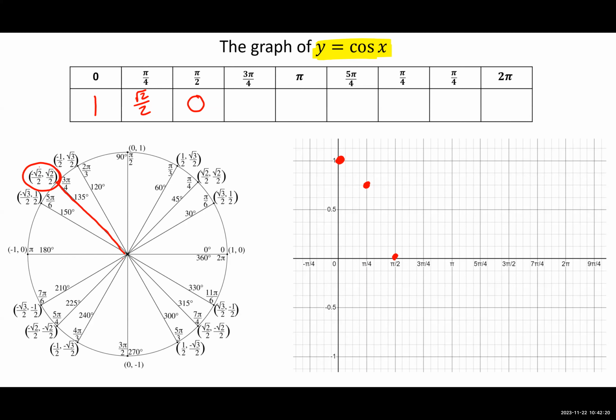The x value is negative root 2 over 2. And then halfway through the circle, when the angle is pi, the x value is negative 1.